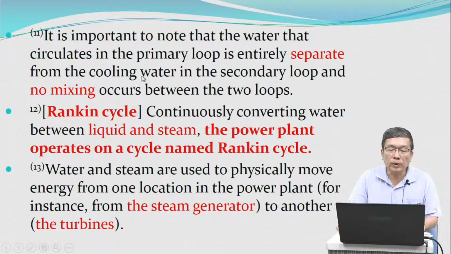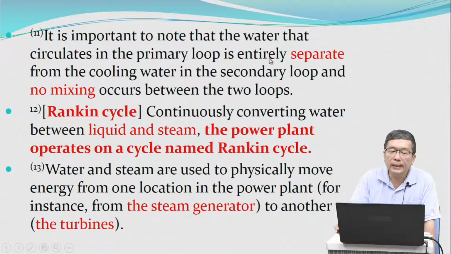It is important to note that the water that circulates in the primary loop is entirely separate from the cooling water in the secondary loop, and no mixing occurs between the 2 loops.